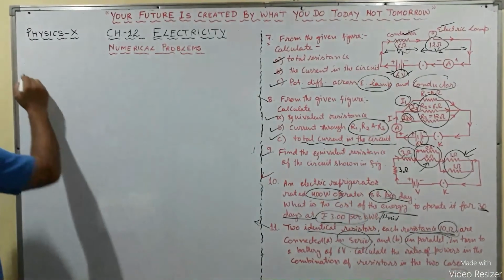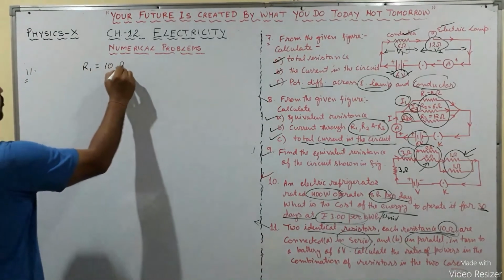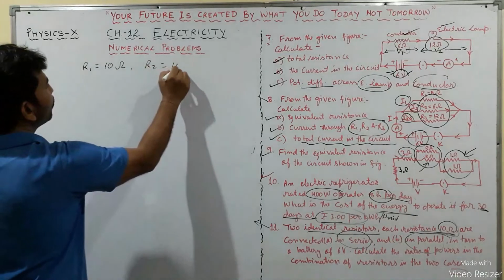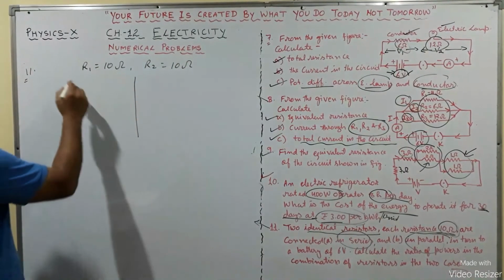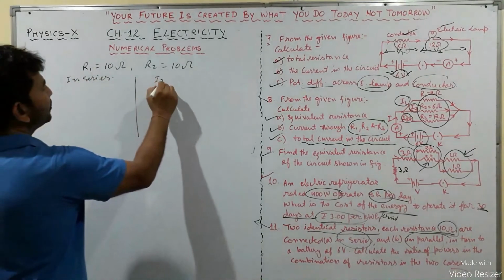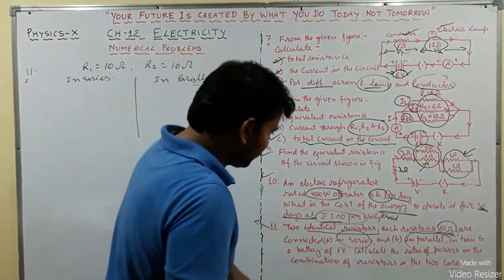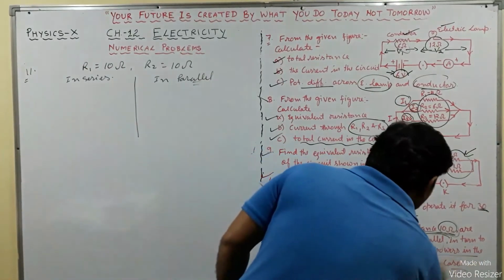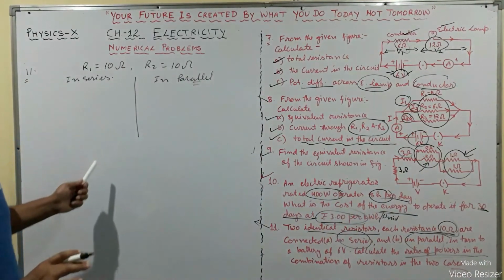So we have R1 10 ohm and R2 10 ohm. Both are connected in series and in parallel. Then what we need to calculate is the ratio of the power of the combination of the resistors in the two cases.